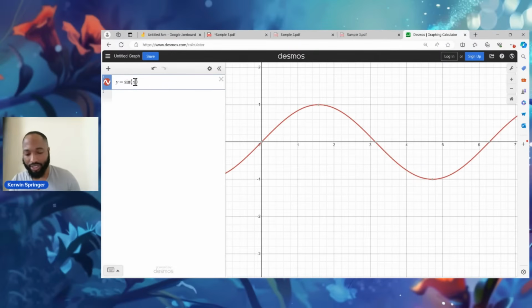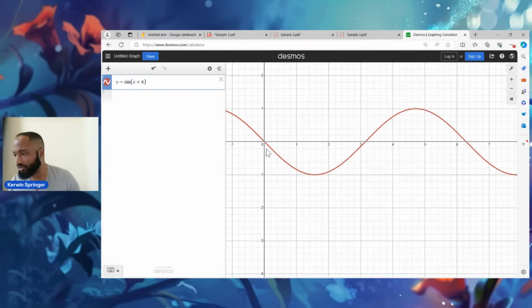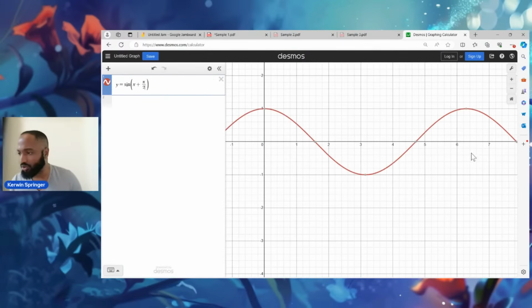Like if I add 1 to it, it shifts. Let's use pi. So if I add pi to it, it shifts. Or let's say I add pi over 2. This one really shows up in pure maths more than anything. But notice how this looks like cos.